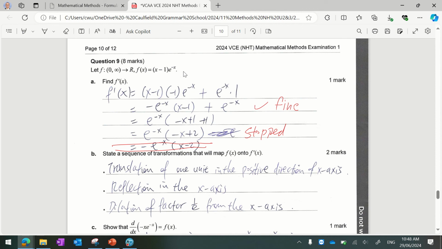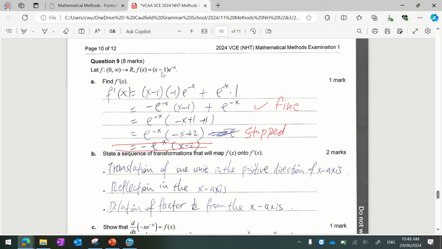Which means if I do a translation in the direction of the x-axis, it's not going to change the sign. Right? If I translate function f, the two x values are still going to have opposite signs.